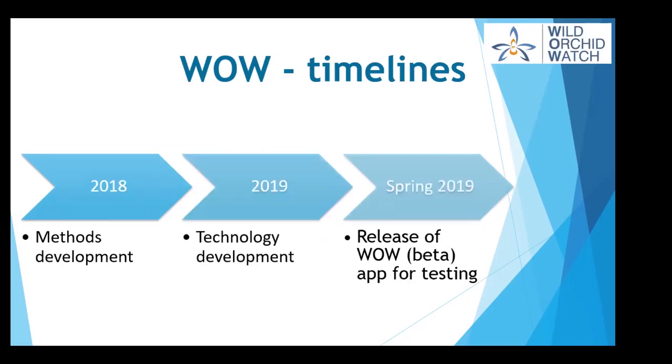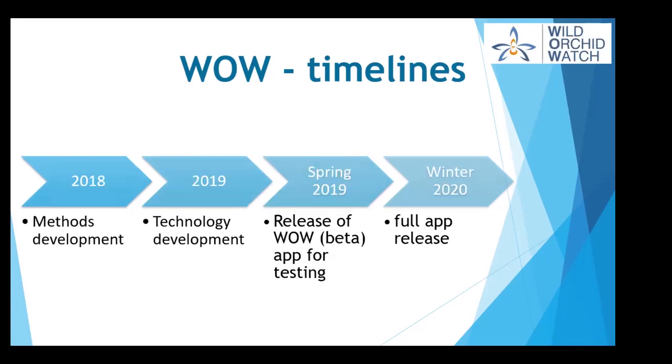Then 2019 in the spring, we had a release of the beta testing of the app, and we had various people that came along to some field trips and tried out the app, and we found all the errors and did everything we could to make it break, and having children come along and do some of that is great fun. It was a wide range of people, and that was really, really great.